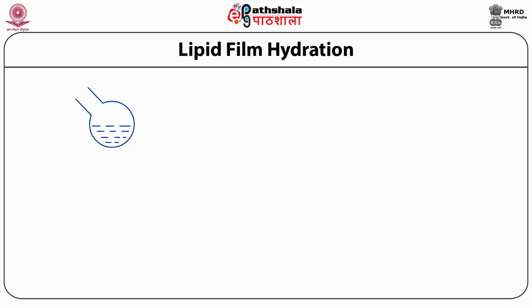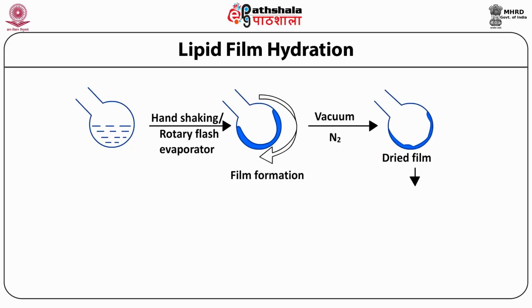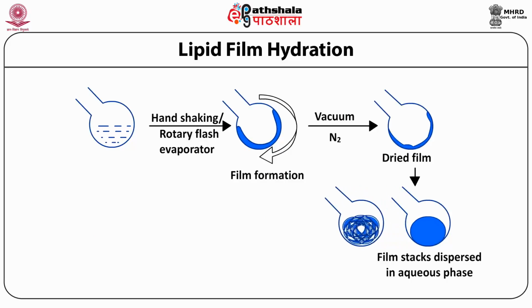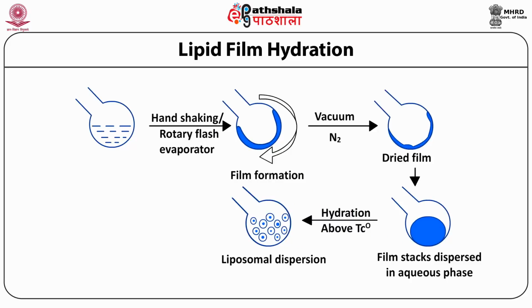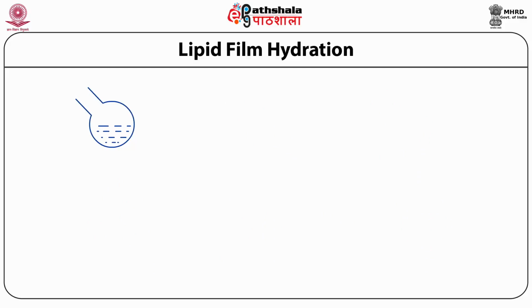Then remaining organic solvent we are going to remove by vacuum under the nitrogen. This will lead to the formation of dried lipid thin film inside the round bottom flask. Then complete drying occurs.